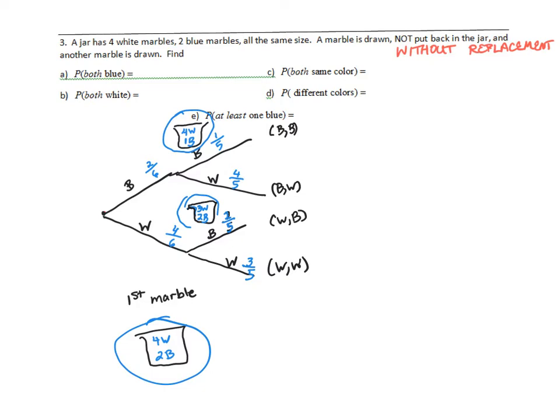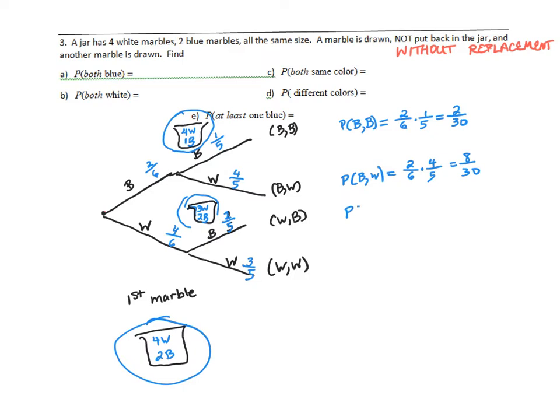So the probability that we get a blue and then a blue without replacement would be 2 out of 6 times 1 out of 5, which gives us 2 out of 30. The probability of the first blue and the second white would be 2 out of 6 times 4 out of 5, which would be 8 out of 30.